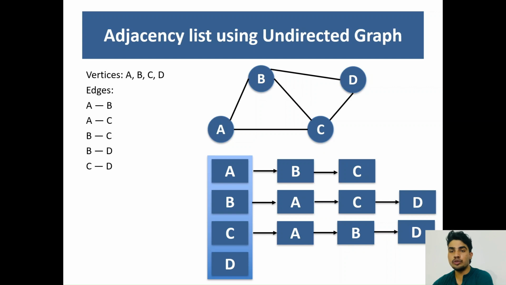Finally, I am moving to vertex D. D is connected to vertex B and C. So D's list contains B and C. Now the adjacency list is complete. Each edge appears twice, once for each direction. This is the key feature of undirected graphs.